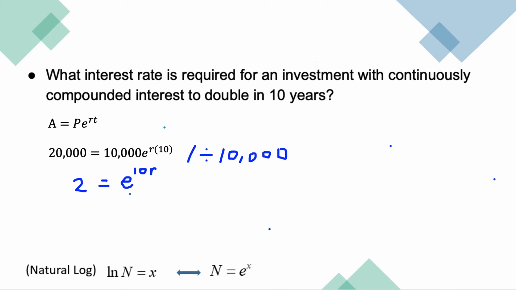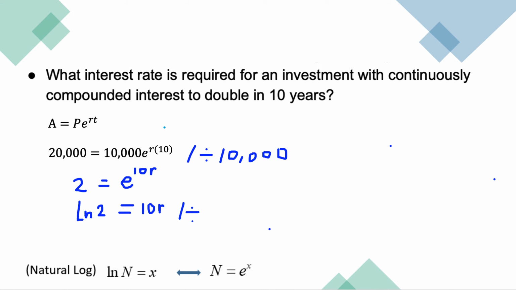So this 2 is like, let's say, n, and we can write ln n, but instead of ln n we write ln of 2 here. On the other side, the exponent comes down, which is 10r. And now we divide everything by 10.